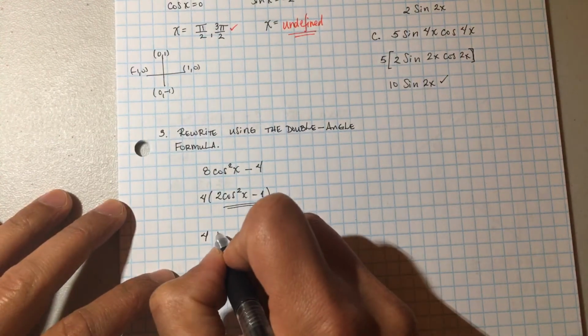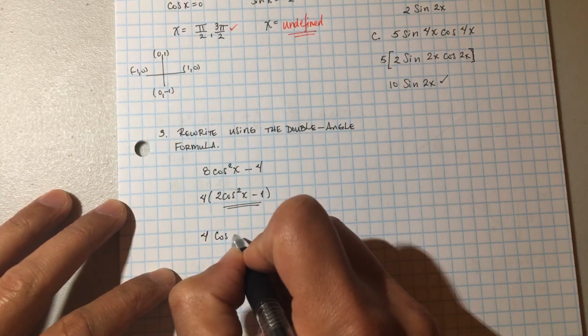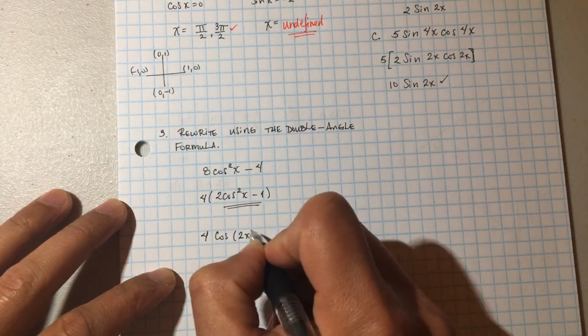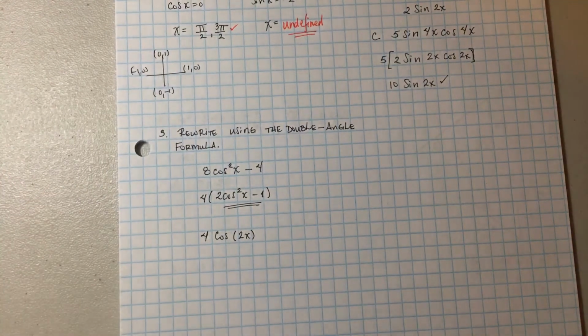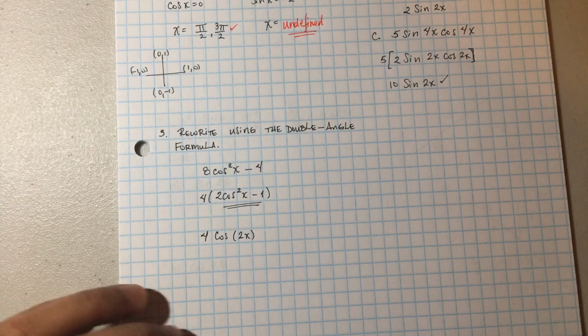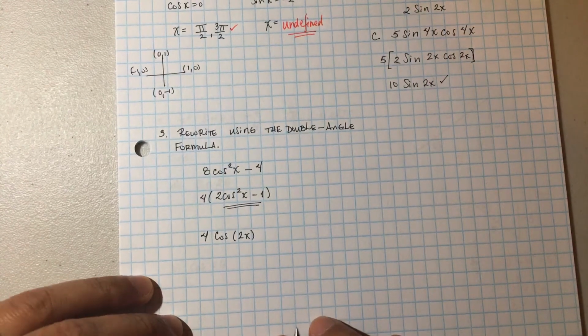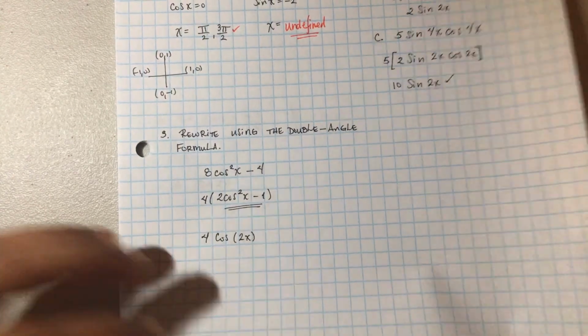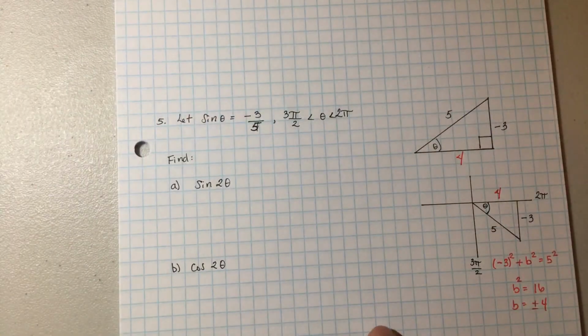So that's going to become cosine of 2x. And that's it. Now, if you needed to solve it, you can go ahead and set it equal to 0 or whatnot and solve it. All right, so it's just memorizing the formulas and understanding what goes on between that, guys.